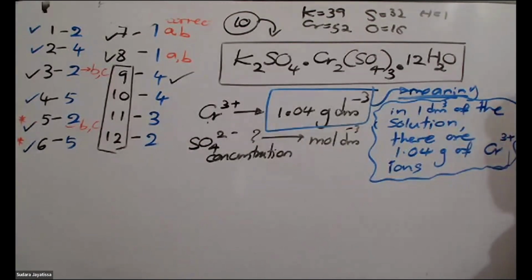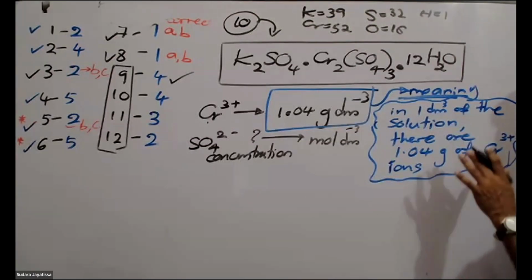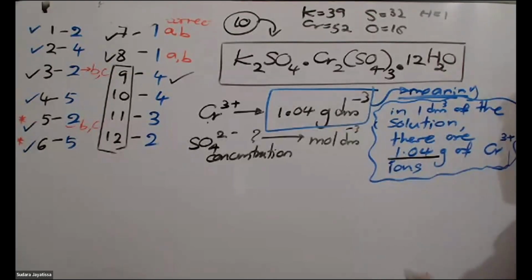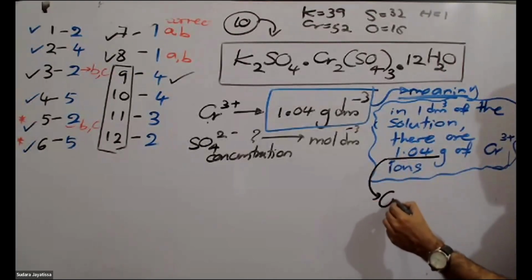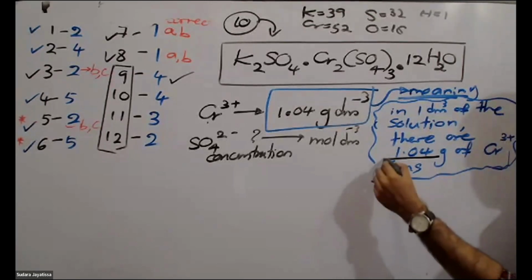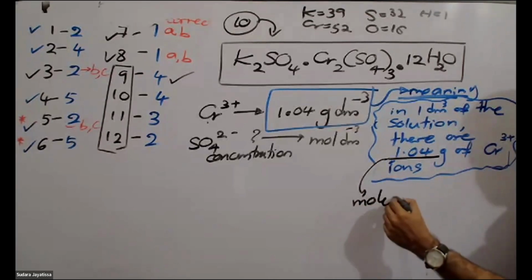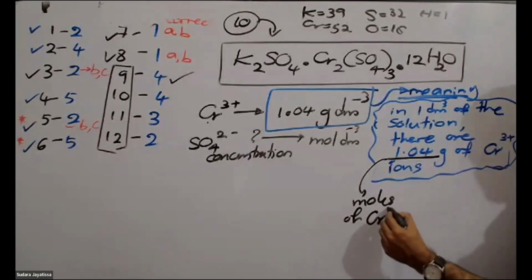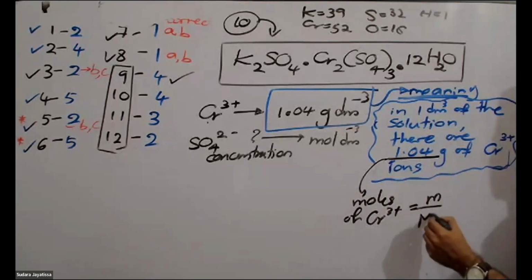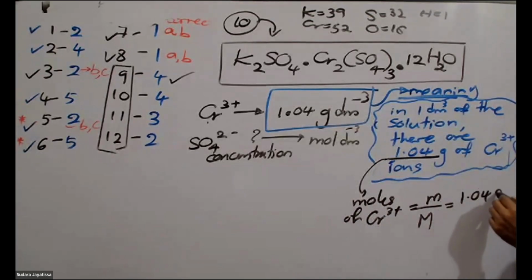Right. Now, you know the mass of chromium 3 plus ions, so from this you can get the moles of chromium 3 plus ions. Let's find the moles of chromium 3 plus ions. We have to divide the mass by its molar mass. Mass is given, 1.04 grams.